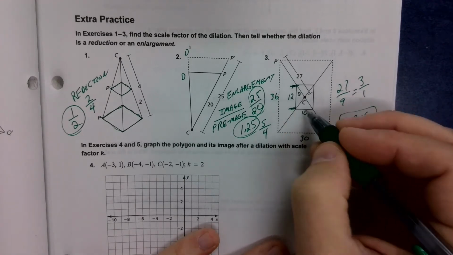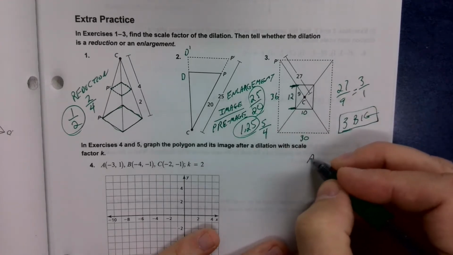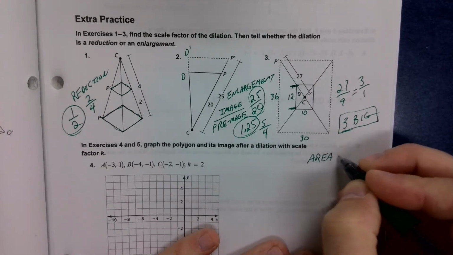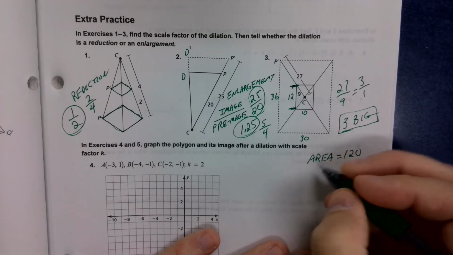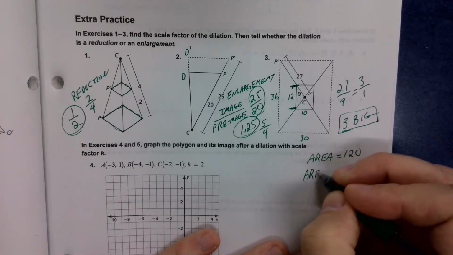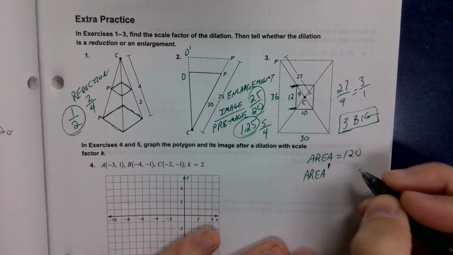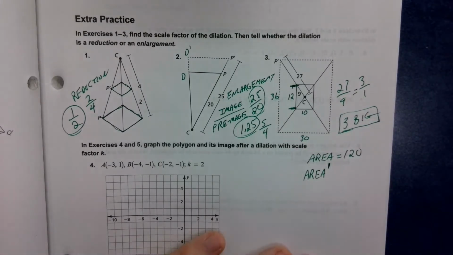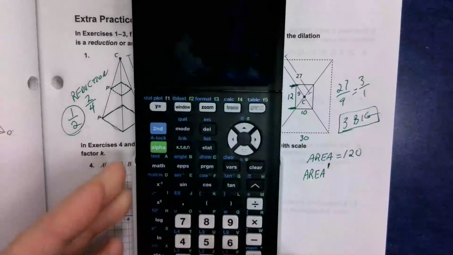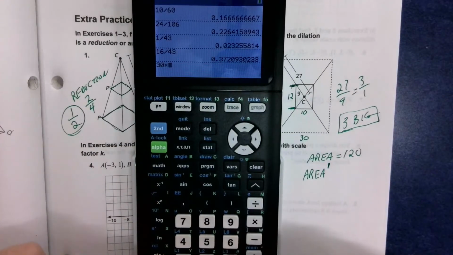if I look at the original shape, its area is 120, but the area of the prime shape is 30 by 36, and we'll pull out our handy dandy little calculators right now here. 30 by 36, enter, 1080.